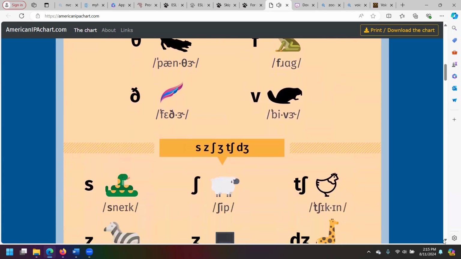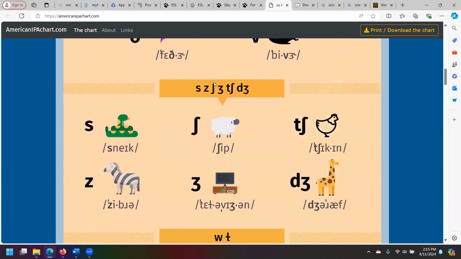Okay. So here you see we have other symbols you might have never seen before. This is a symbol, it looks like S, it's S, such as. Now this one is a symbol, usually we spell it with an SH.